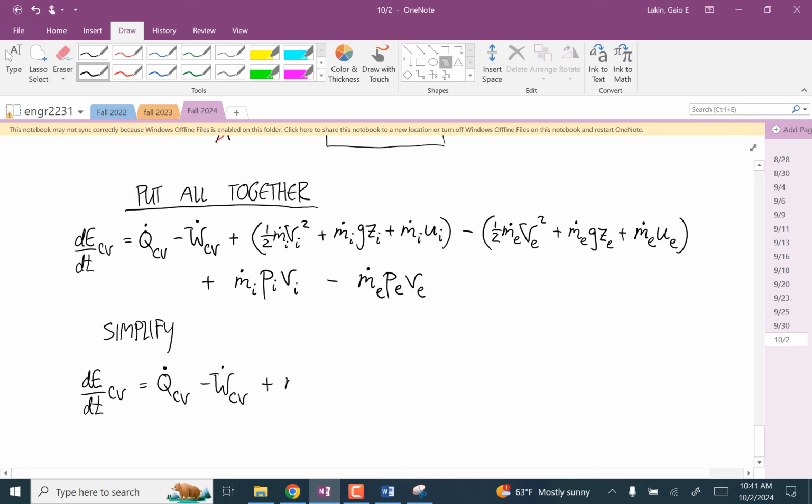So plus m inlet dot times the quantity 1/2 V inlet squared, plus, no, I already pulled out the m i's. So plus g z inlet plus u inlet plus P inlet specific volume inlet.